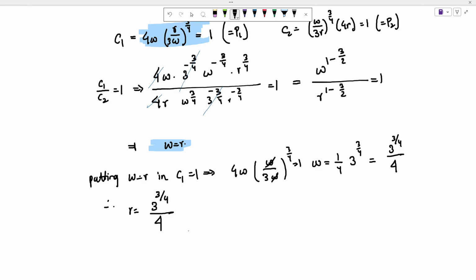Now we need to find the factor allocation, so how much factor everyone uses.